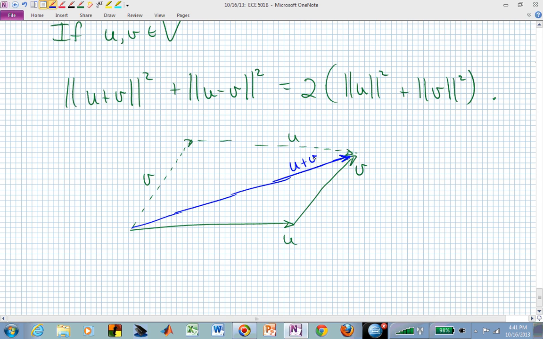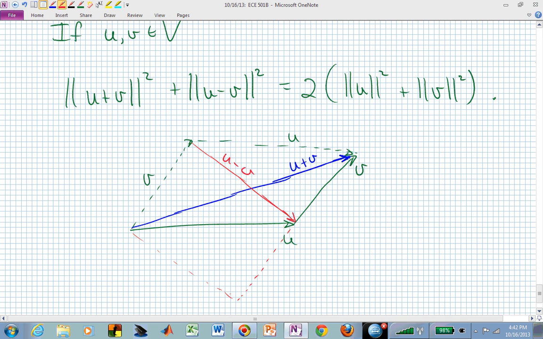That's u plus v, isn't it? But what's u minus v? Well, it's the same thing as if I went over here u and there's plus v. If I went down here v, then u minus v is this length, that distance in red.